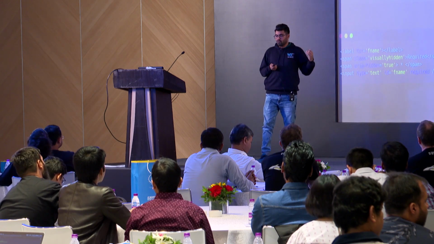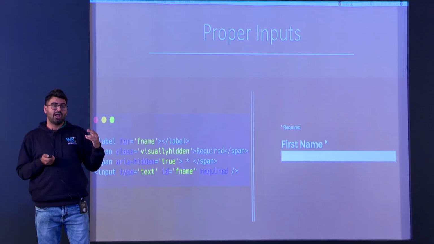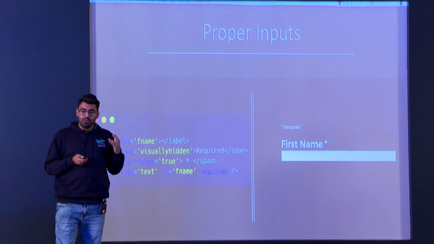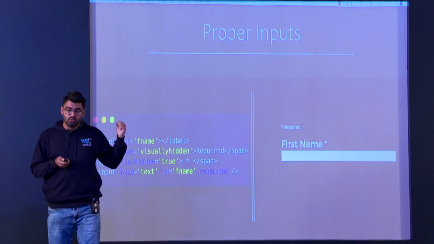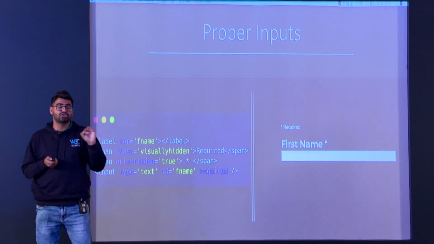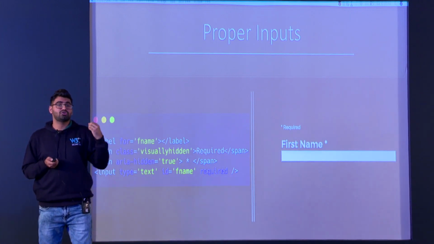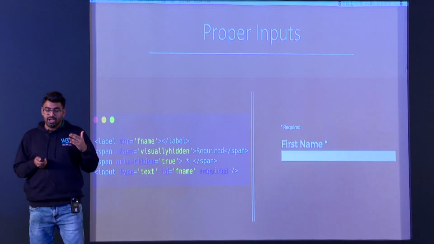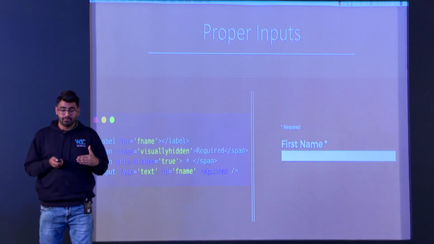So if you want to provide a better experience to your users, you need to go to the star part and write aria-hidden equals true. The aria-hidden equals true makes sure that whenever a screen reader is going through this code, it will skip this part while reading.